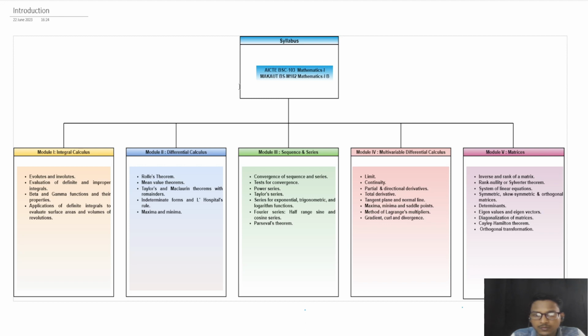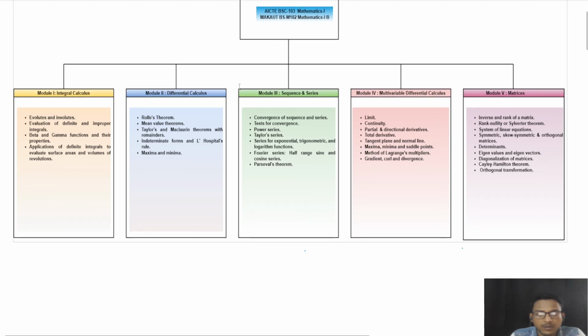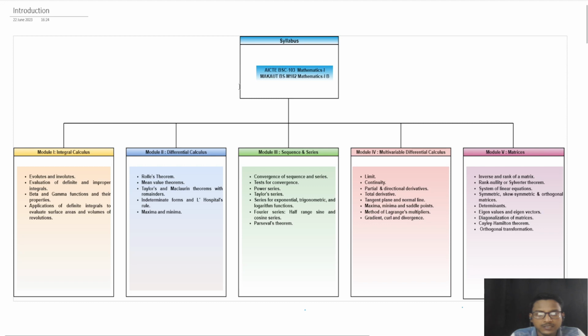And then we have Fourier series and Parseval's theorem. Then module 4 contains the concept of limit, continuity, partial and directional derivatives. These are topics of functions of more than one variable. And the fifth, that is the last module, gives us an overview of different properties of matrices.